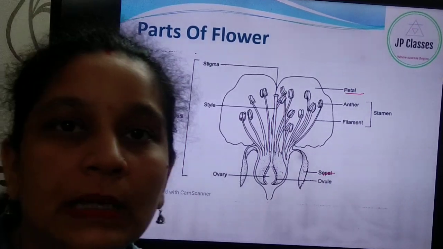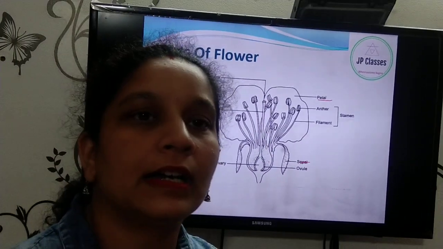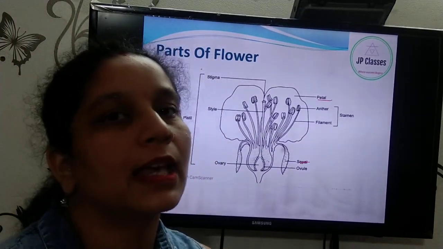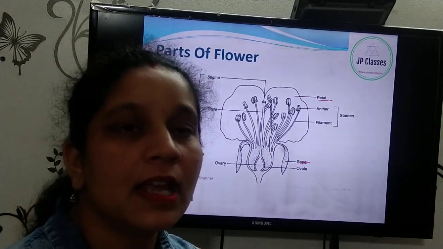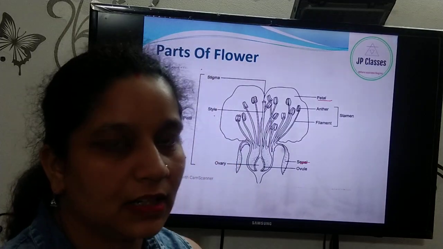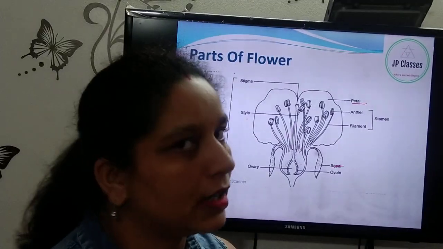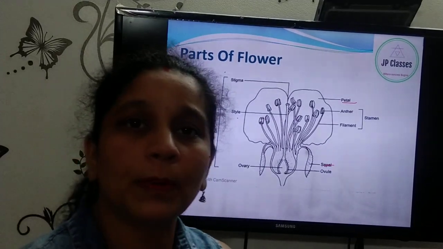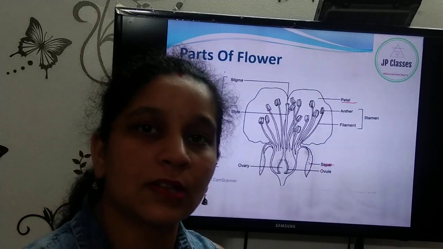Petals are generally brightly colored, scented and fragrant so they can attract the insects for pollination. The reason for the bright color is to attract the insects which act as pollinators. I think you know about pollination and pollinators because I discussed them in the previous lecture.